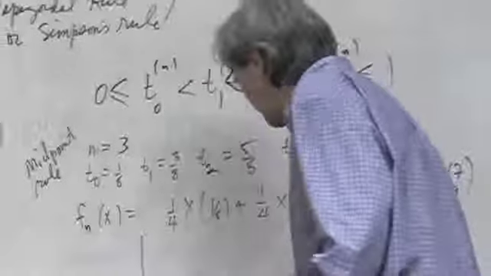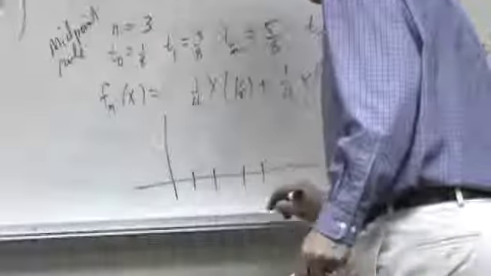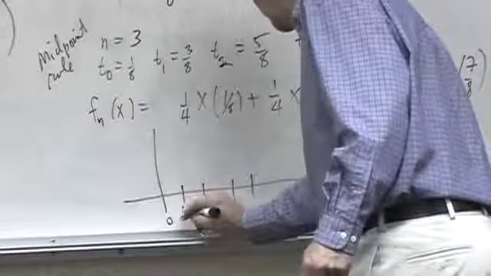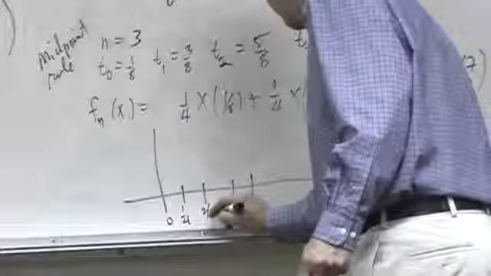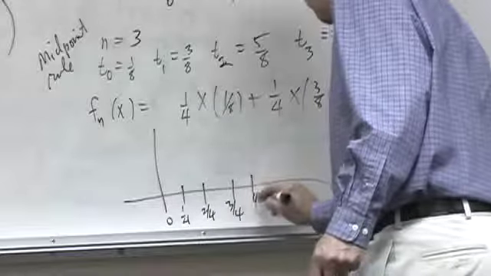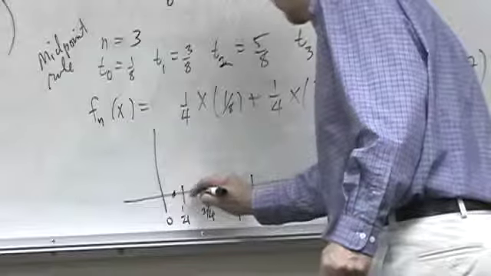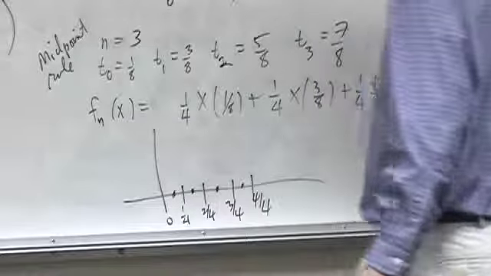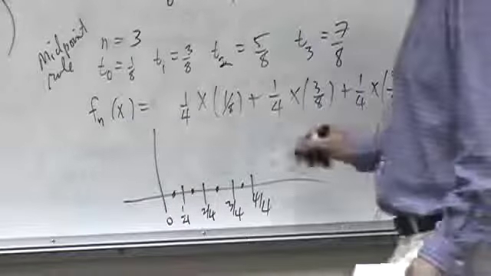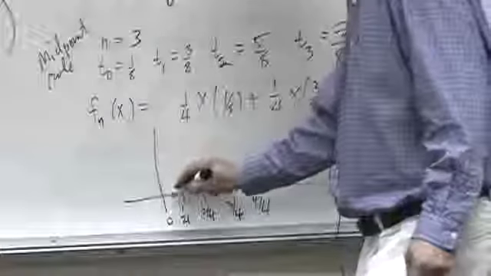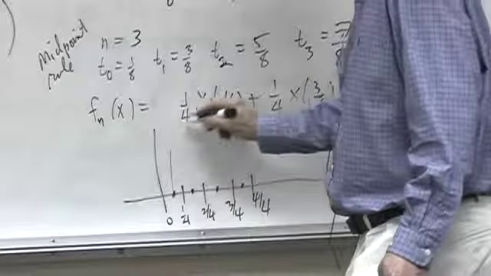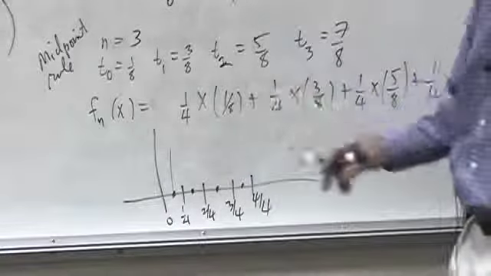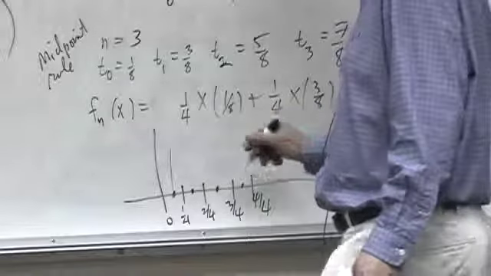Let's draw a picture, make sure this is correct. 0, 1/4, 2/4, 3/4, 4/4, and I'm taking the midpoints of these subintervals. I'm multiplying the height of the function by the width of the interval, which is 1/4. Since I'm working on the unit interval, I just have it this way.